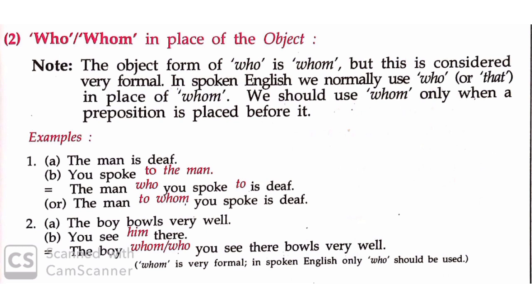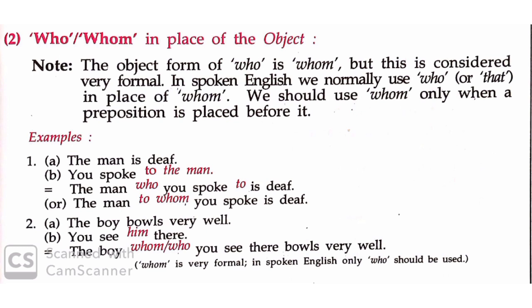Same as the second example: the boy plays very well. You see him there. The boy whom you see there plays very well. Whom is very formal in spoken English. Who should be used in the written language, my dear children.